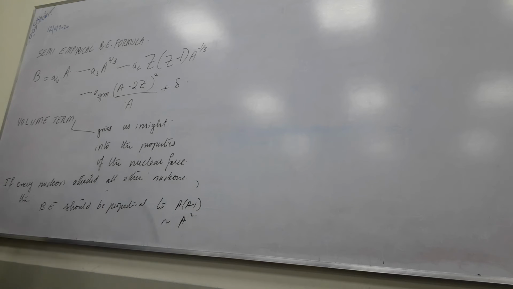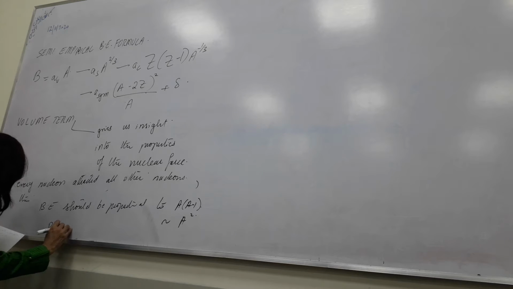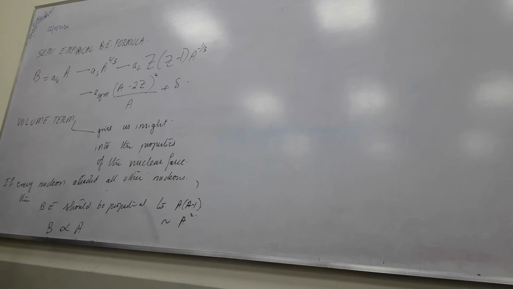But from this we see that it is not proportional to A squared, rather binding energy is proportional to A. So that shows a discrepancy, right?